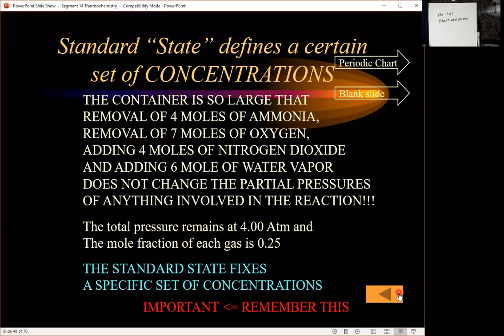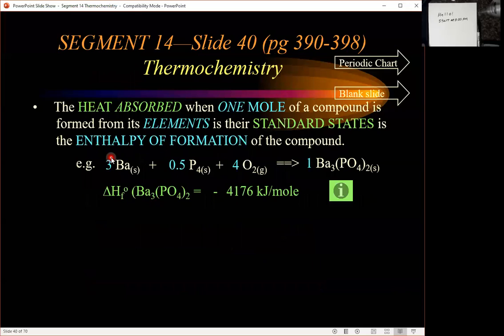Remember that. Okay, now in this reaction then, suppose I'm talking about standard state. Well, it's not a big deal here. I've got to have some solid barium. I've got to have some solid phosphorus. Notice it is P4 that is the standard reference state for phosphorus. It is oxygen gas, and this is a product.